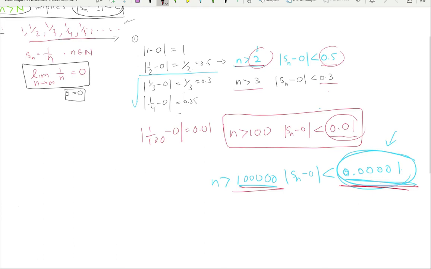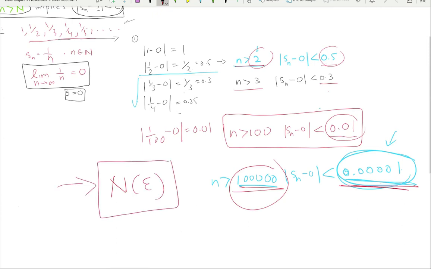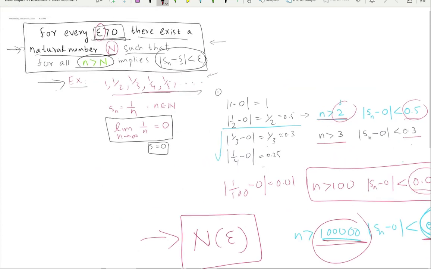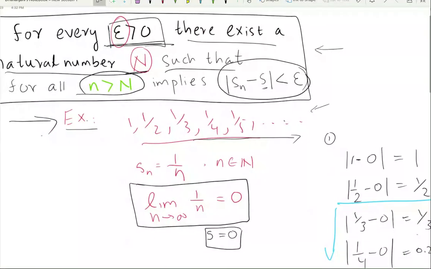There is a connection, right? This position depends on epsilon, so capital N depends on epsilon. That's one thing to remember. Sometimes people write it like this to show that the natural number in the position depends on epsilon in this definition, and it makes sense why it depends.